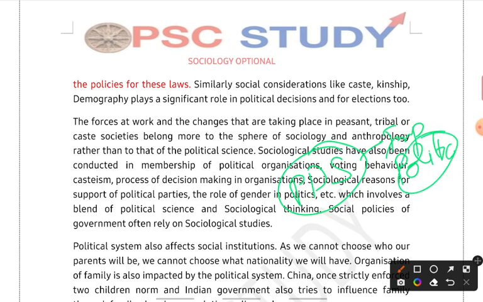But who should be the beneficiaries, and how it needs to be implemented? The making and the qualitative part of this particular scheme needs to be done through a sociological approach.